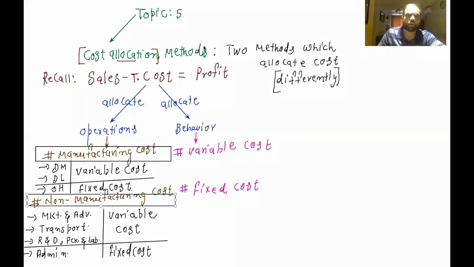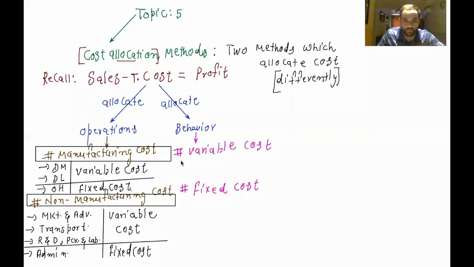And for variable, if you have a look at the variable behavior, by behavior, variable cost is divided into two parts, manufacturing and non-manufacturing. Manufacturing variable cost and non-manufacturing variable cost, right?